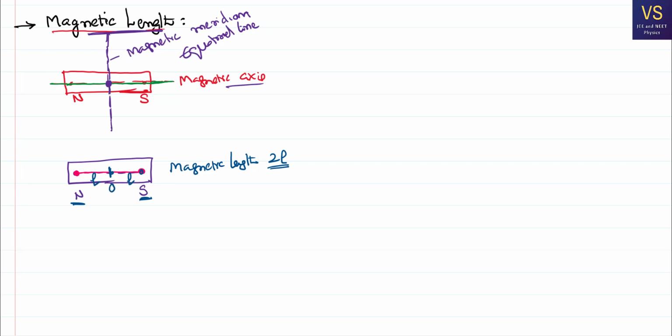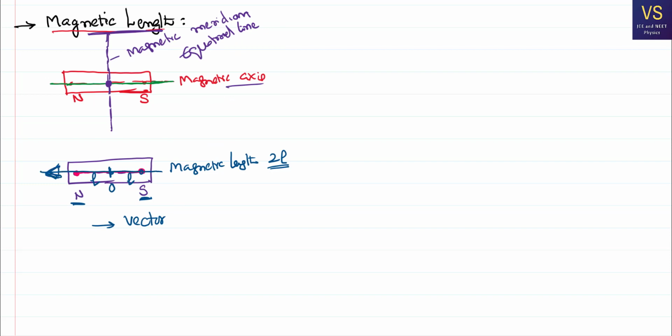But be careful, this magnetic length is not a scalar, rather it is a vector. Magnetic length is a vector, and the direction of that magnetic length is from the south pole of the magnet to the north pole of the magnet. So if we have to show, let me show with a different color here. Yes, this is the direction from south to north.